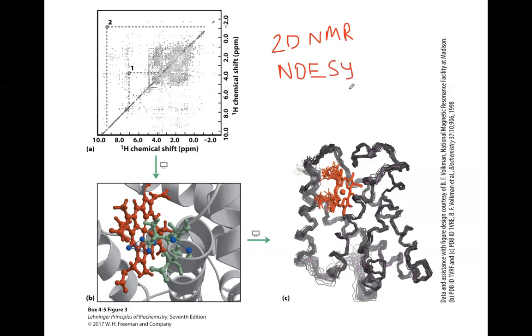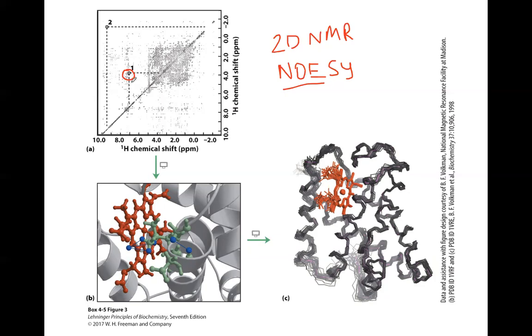Now, I will not write down the whole thing for you, but you can Google it, you can read it in a textbook. Nuclear Overhauser. The person who actually came up with this, his name was Overhauser. So basically what this gives you is the proximity. If you see a signal here, and then they have the diagonal here, right?